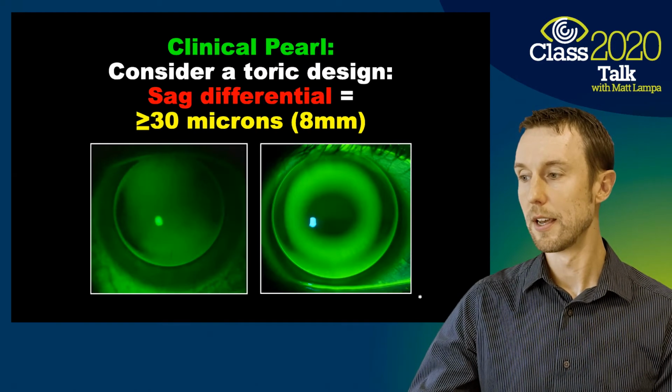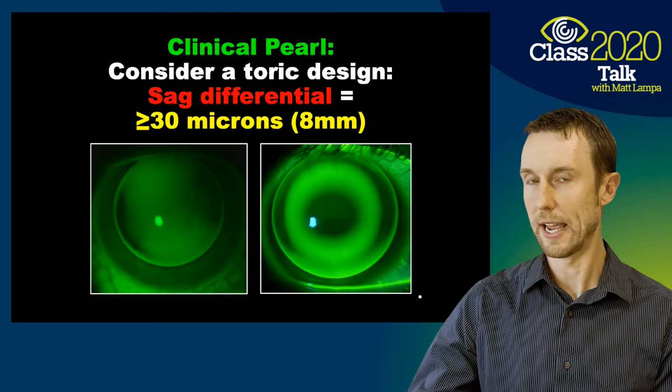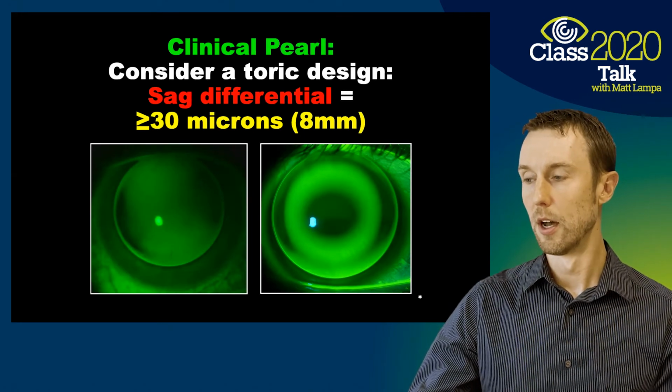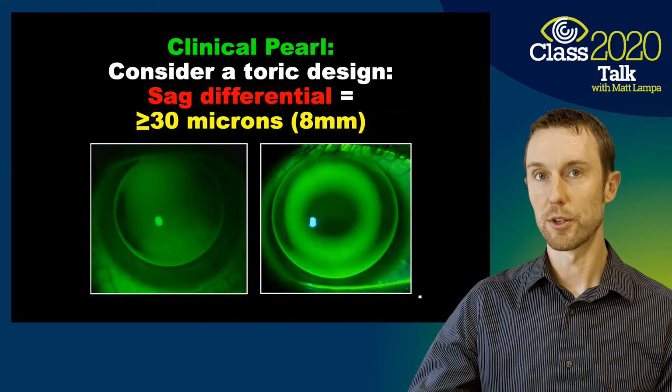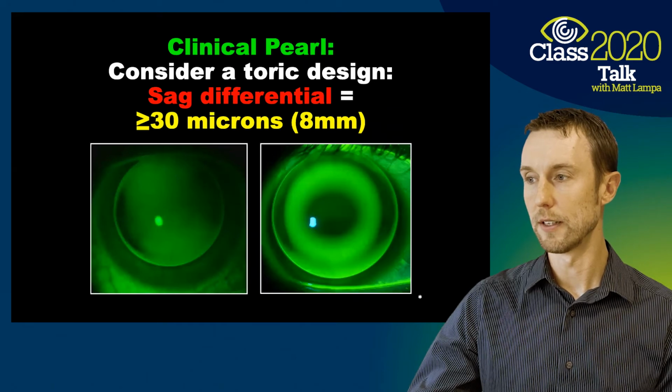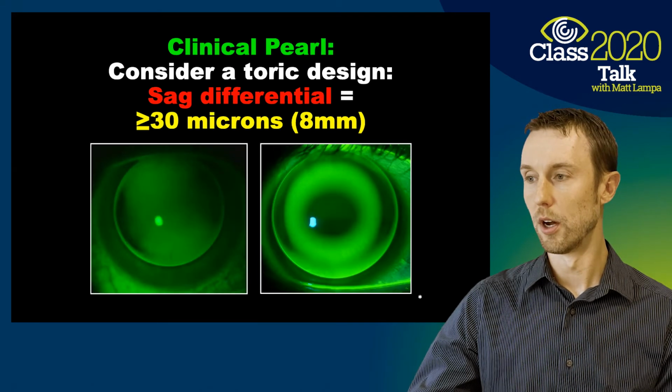You start to see on that eye there with the rule astigmatism on the right in that orthokeratology lens, we really don't have that seal forming along the vertical meridian. We're going to need to differentially steepen the reverse curve and landing area of the contact lens in the vertical different than we would along the horizontal.